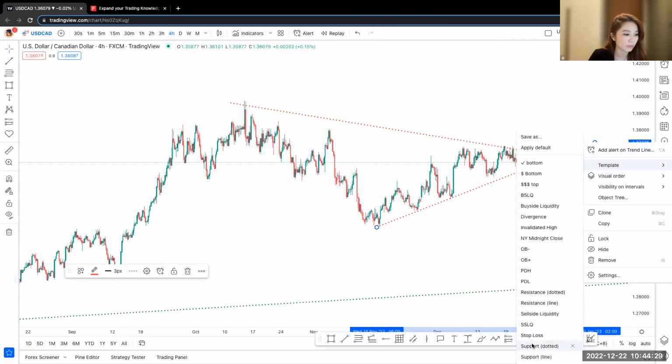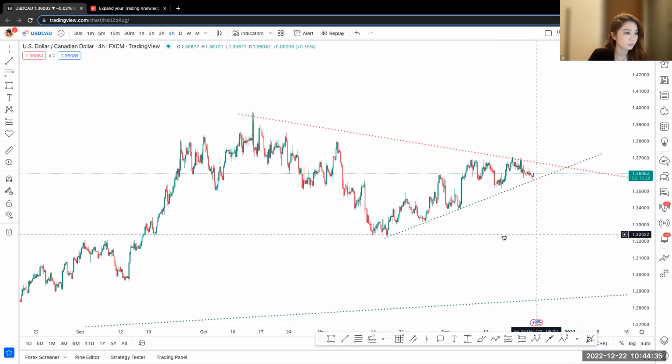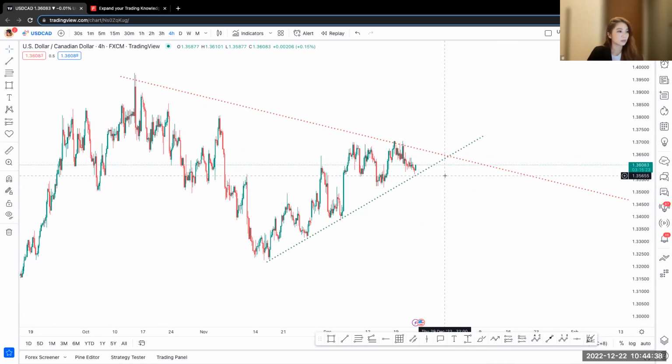So, and then we have a triangle. Very interesting.